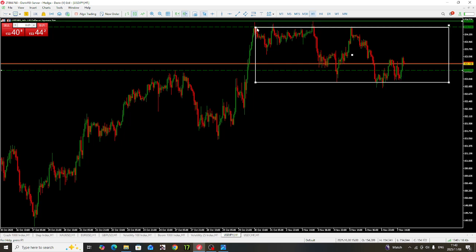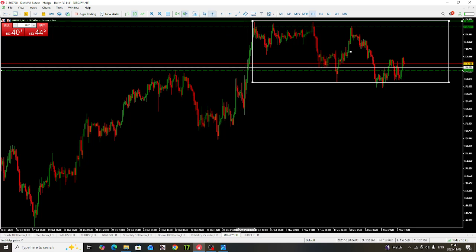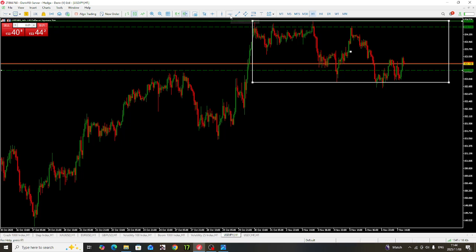Since we missed this trade, when the market closed here to here, there is no other trade within this section until this is defined or this is defined.